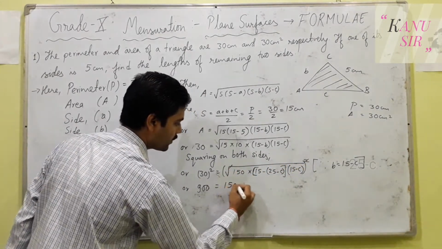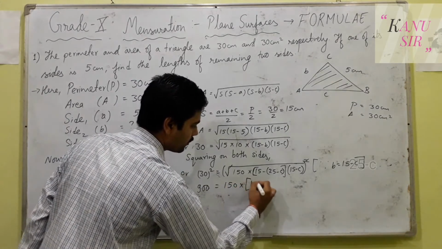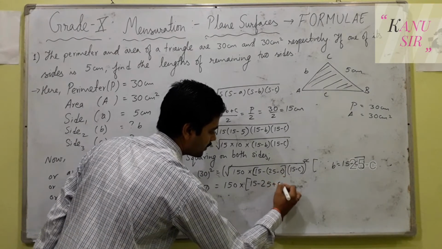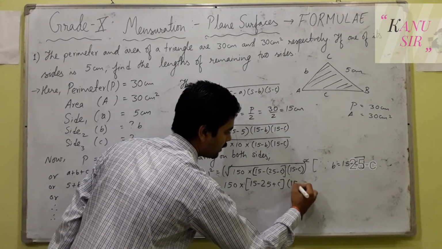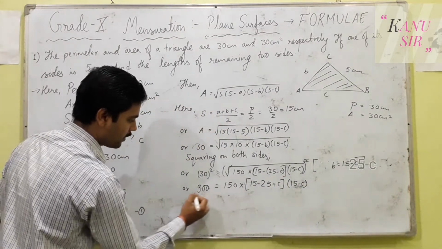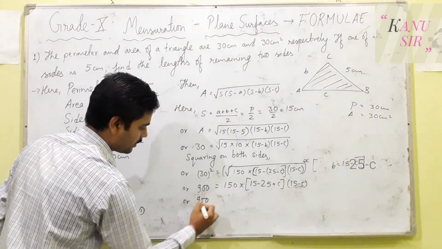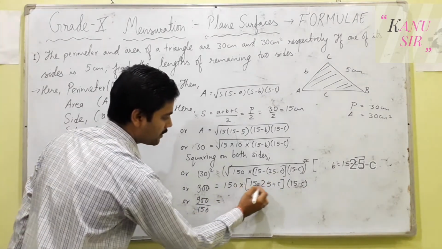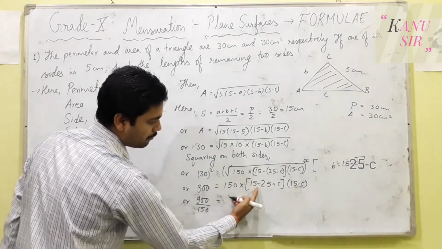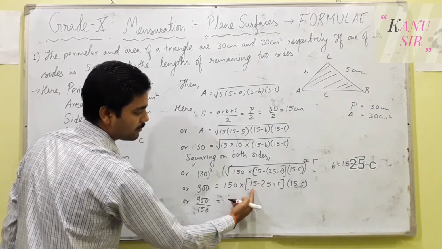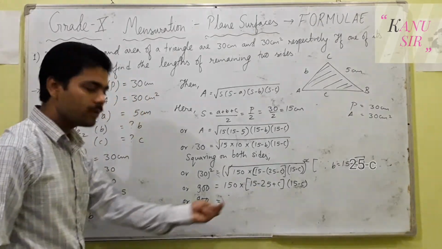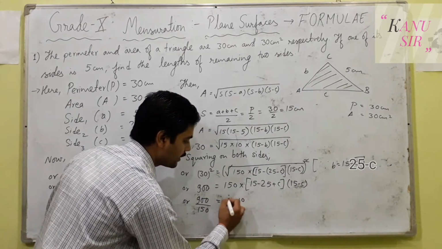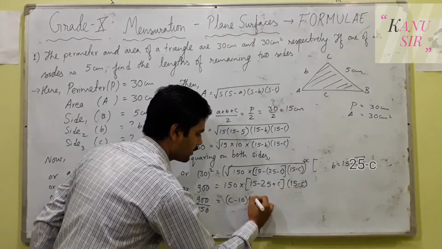We will get just 150 into 15 minus 25, minus times minus we will get plus C, and you will get 15 minus C. You can divide 150 into 900 because it is in multiplication form. And 15 minus 25 and C: here you will get minus 10, because 25 is greater than 15, so the value comes minus. When you get minus, then better keep the variable in front, so C minus 10, and here you can write 15 minus C.